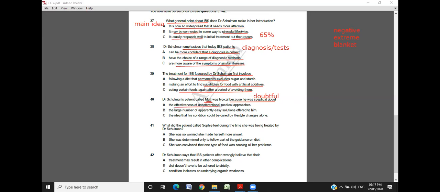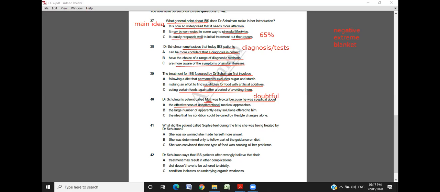What does unconventional mean? Any idea? The word unconventional, what does it mean? Conventional, routine, regular, traditional is conventional. Unconventional, new, modern. Okay. So he doubted the effectiveness of new ways.